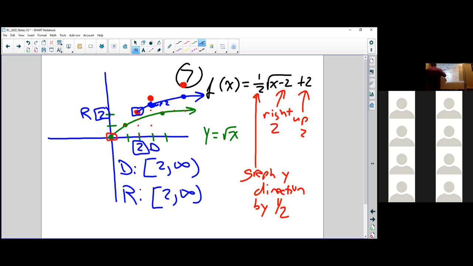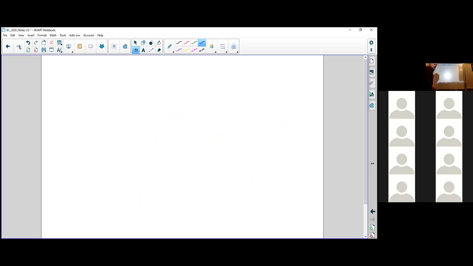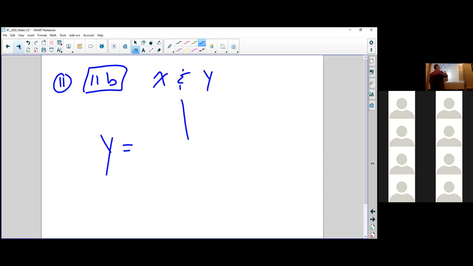Okay, all right, so this is 11B. We don't want our graph to have either an x or a y intercept. So let's think about this. If we had a graph that did this, it wouldn't have an x or a y intercept.